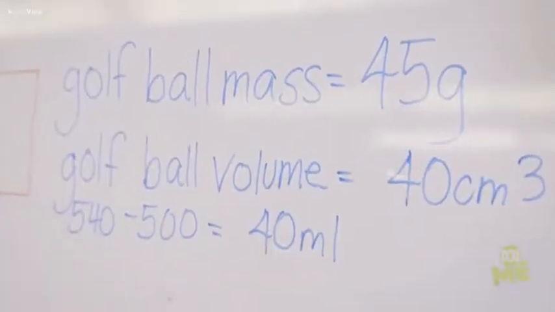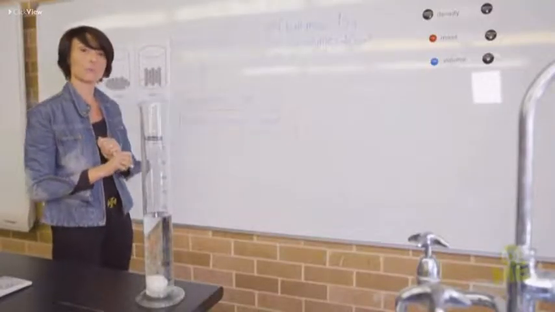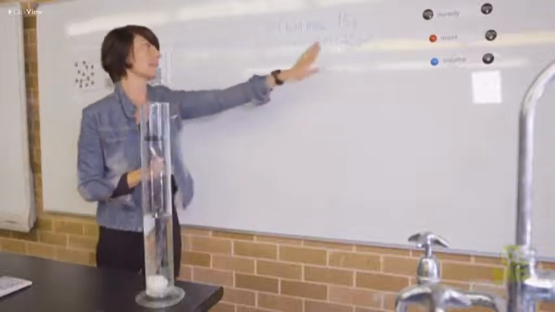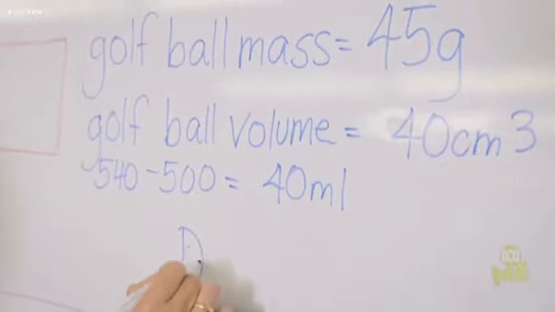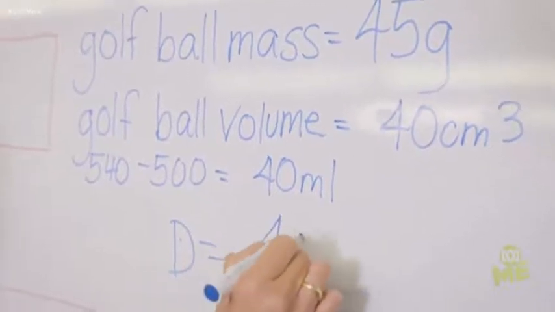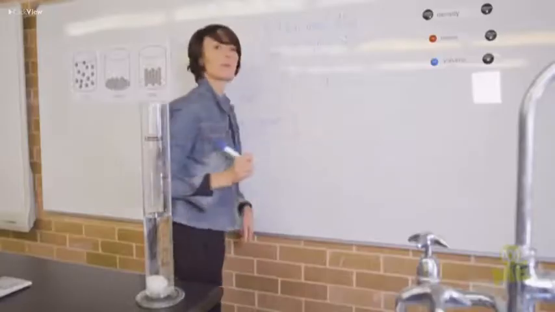We now have the mass and the volume of the golf ball. We now plug these figures into our formula. Density equals 45 divided by 40.